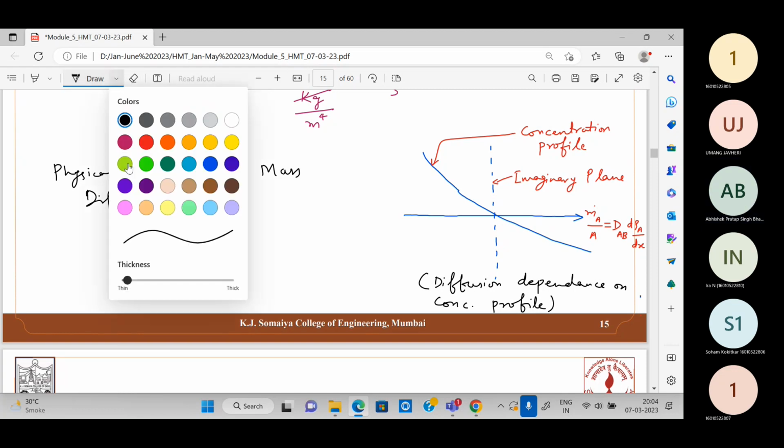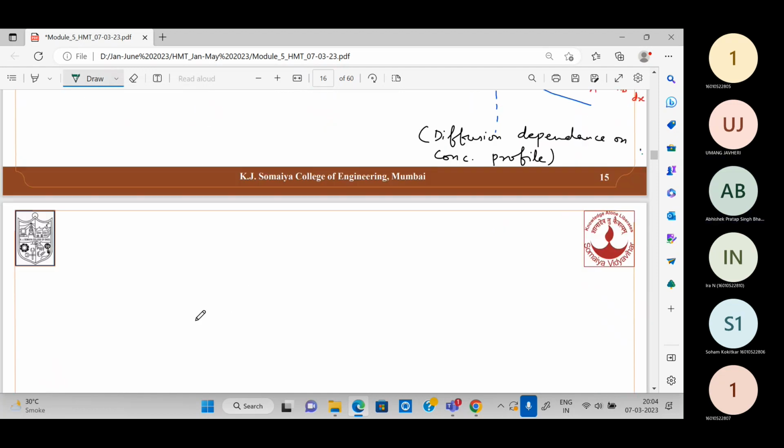What are the comments on the basis of this study?